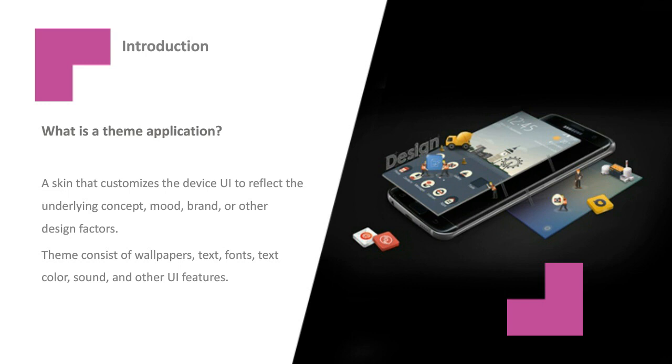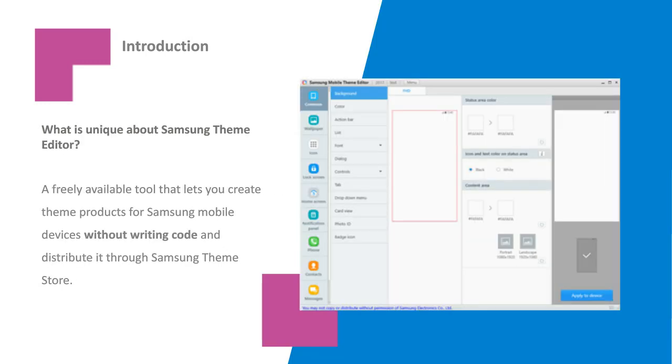Let's move on to the next slide. What's so unique about the Samsung theme editor? It provides you a DMG tool for your Mac machine and an exe file that you can install on your Windows machine. You can do drag and drop, and you can change the color palette of the screens. The good thing is you would not need to write a single line of code for creating themes.